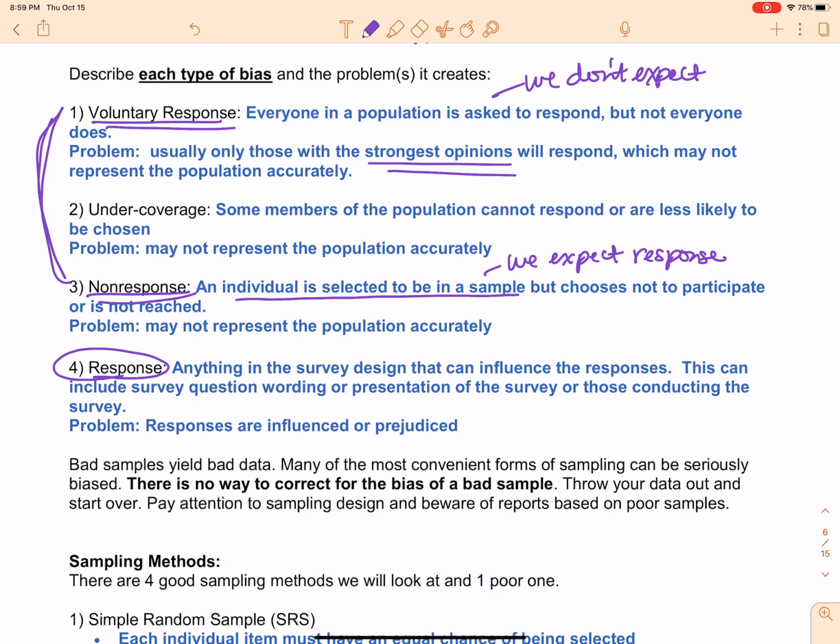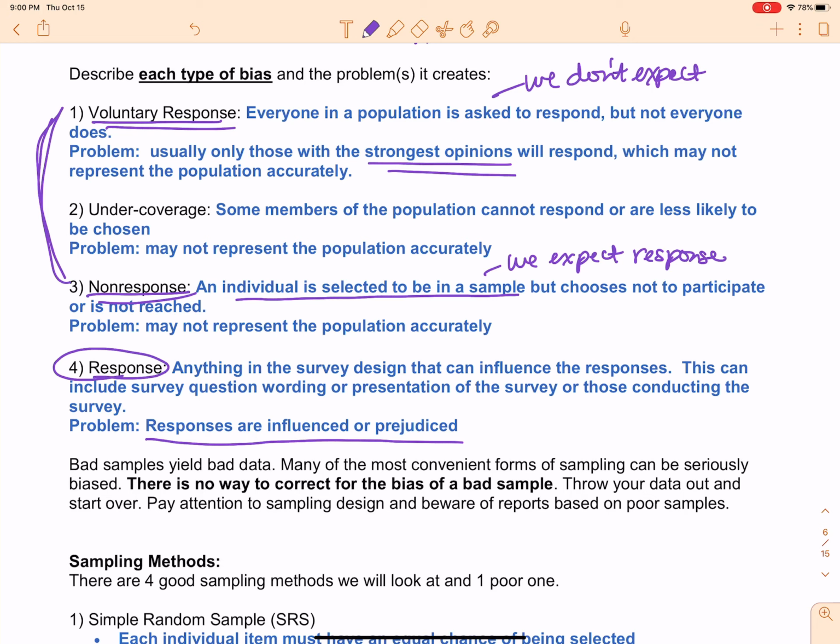So of course the problem is your responses are influenced or prejudiced in some manner. And this usually has to do with wording of a question. An example of this might be a situation like, how do you feel about U.S. involvement in foreign affairs? All right, and then you're given a scale of 1 to 10. I'm very upset about it. I don't want it to happen, and so on, all these different choices.